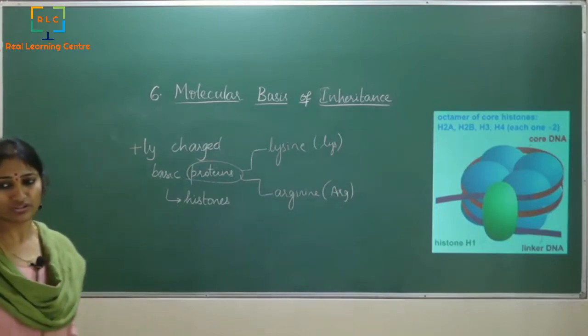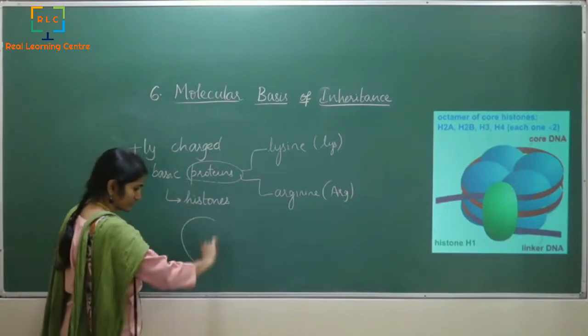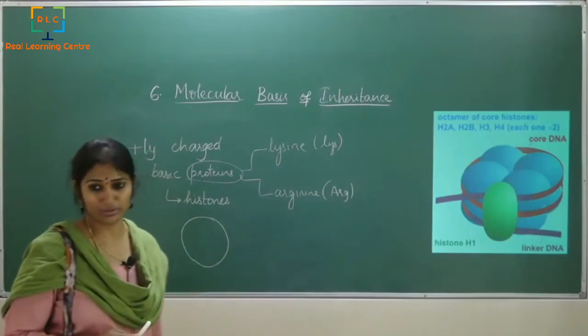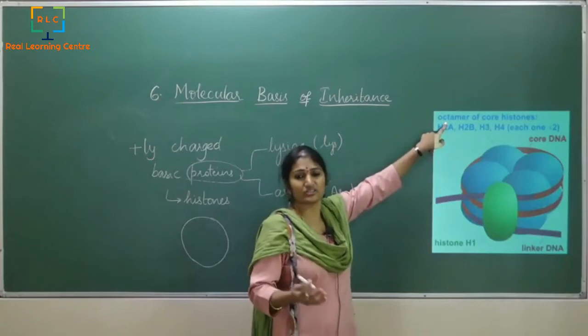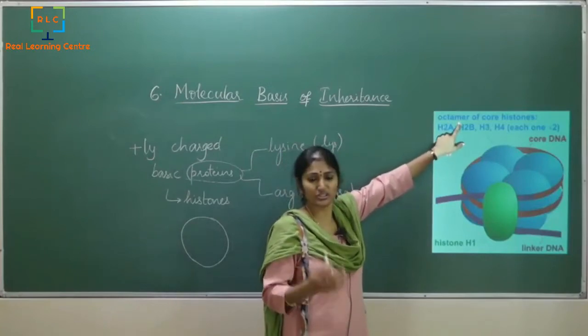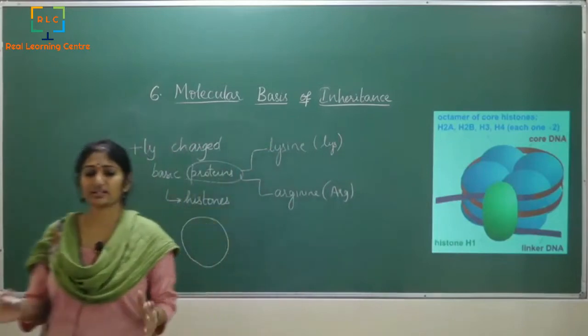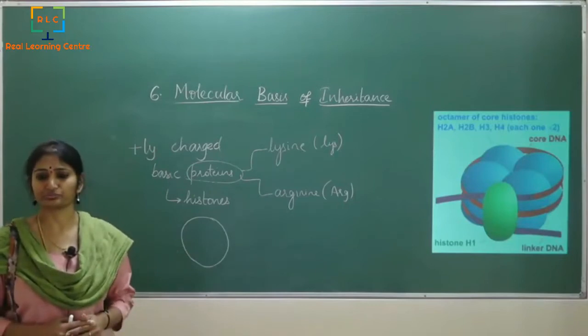Okay, now histones, though we just said that they are one group of proteins and we write it like this, its structure is not so simple. They are called an octamer. Octa is 8, mer is one single unit. So one single unit of a histone consists of 8 parts.